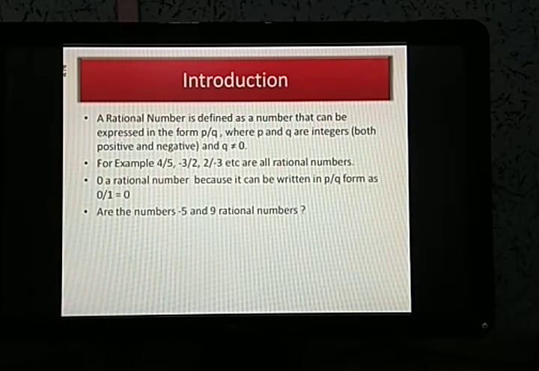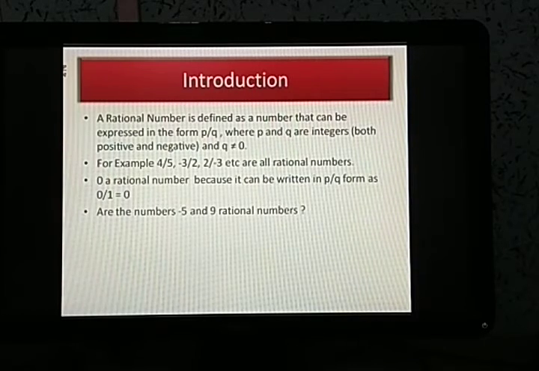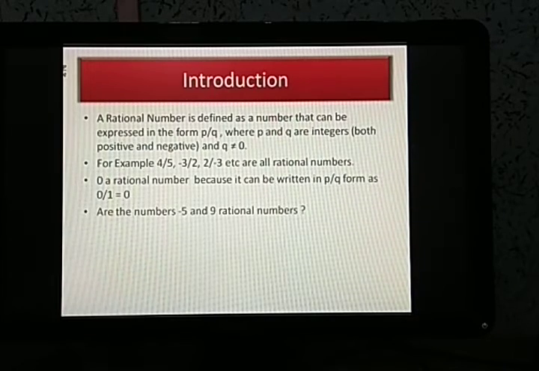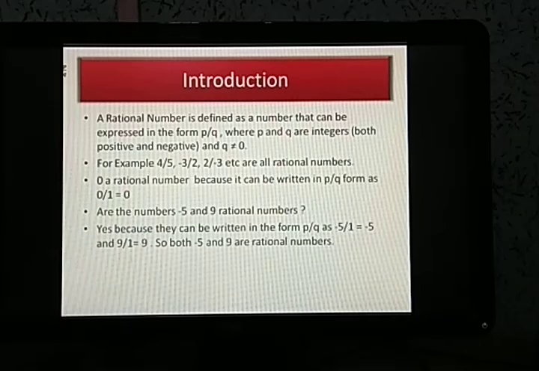So are the numbers minus 5 and 9 rational numbers? Yes, they may be rational numbers because minus 5 is an integer, which is a negative integer, and 9 is also an integer, which is a positive integer. But are they written in the form p by q? Let us check. Yes, because they can be written in the form p by q, as minus 5 by 1 will be equal to minus 5, and 9 by 1 will be equal to 9.